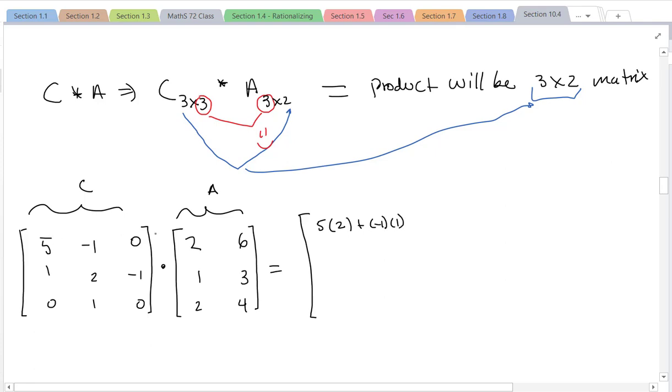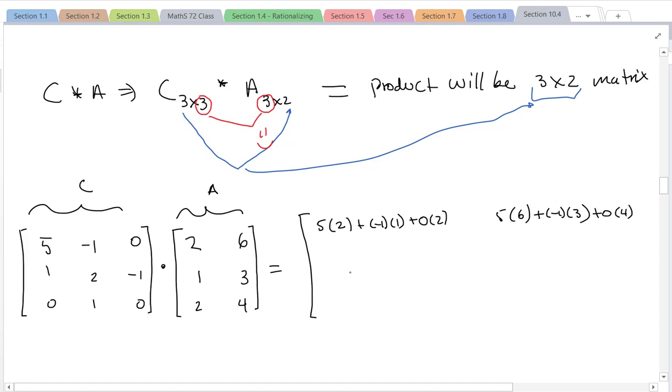Okay, so I'm doing 5 times 2, negative 1 times 1, and then 0 times 2. And then for the second entry, since we know we're going to have a 3 by 2, I'm going to have 3 rows and just 2 columns. So my second column is going to be the first row times the second column. So 5 times 6, right? 5 times 6, negative 1 times 3, and 0 times 4.